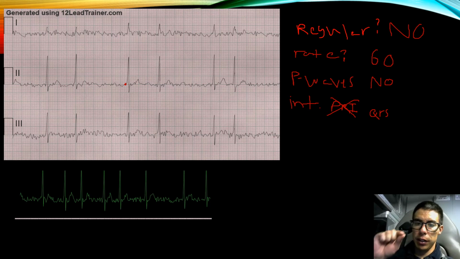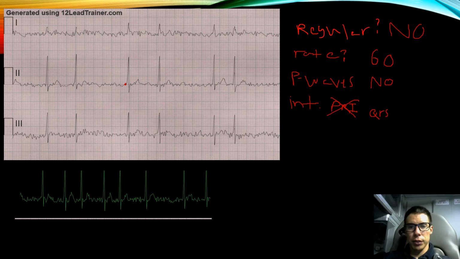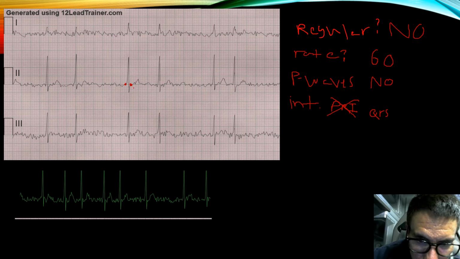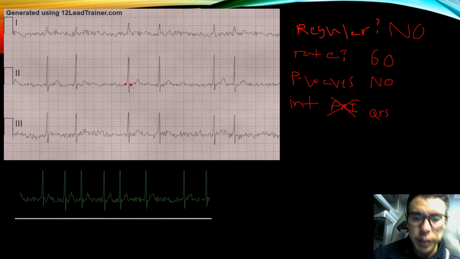And you'll also see, you can't in this because it's a small tracing, but you'll see the line start to get thicker right where the J point is. So on this one it would be right about there. So that looks like, I'd say about 3 small boxes.